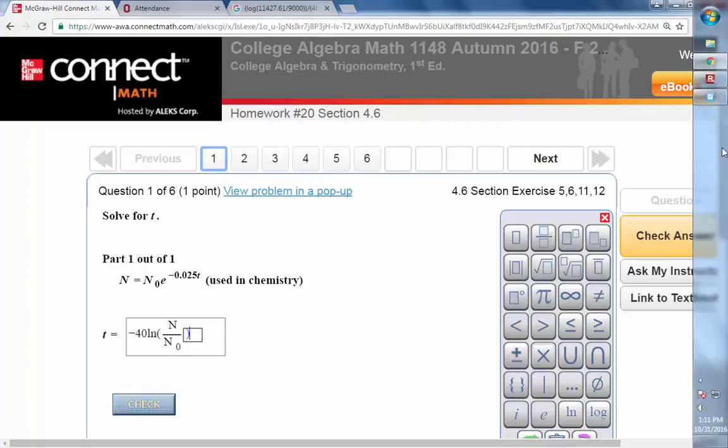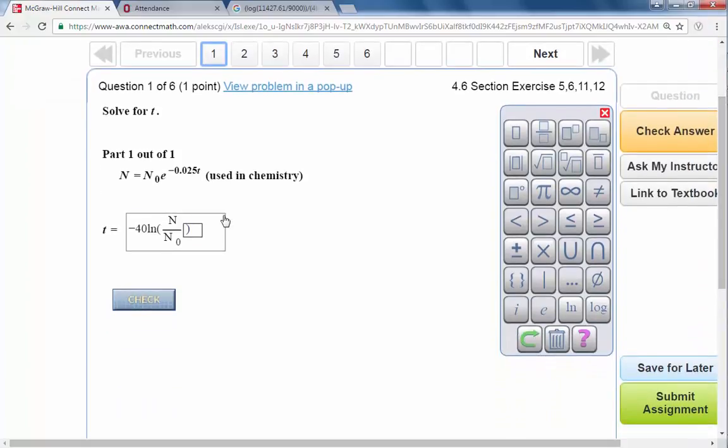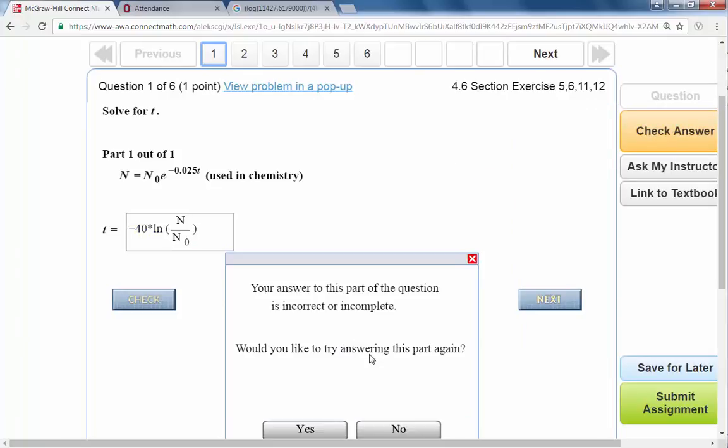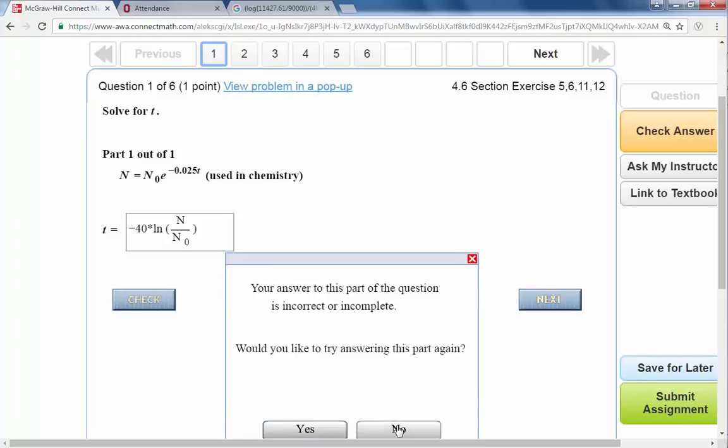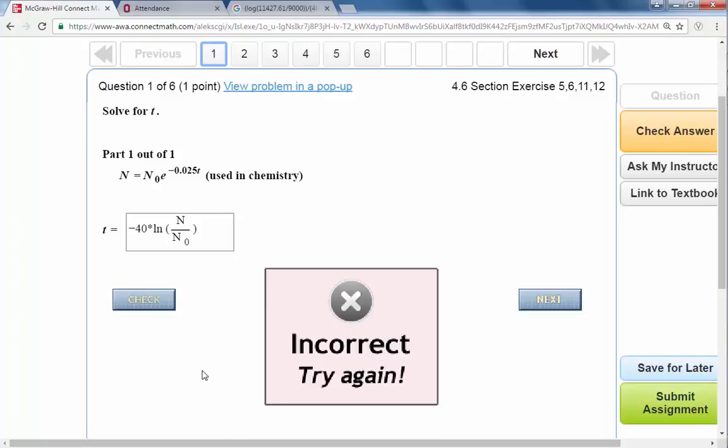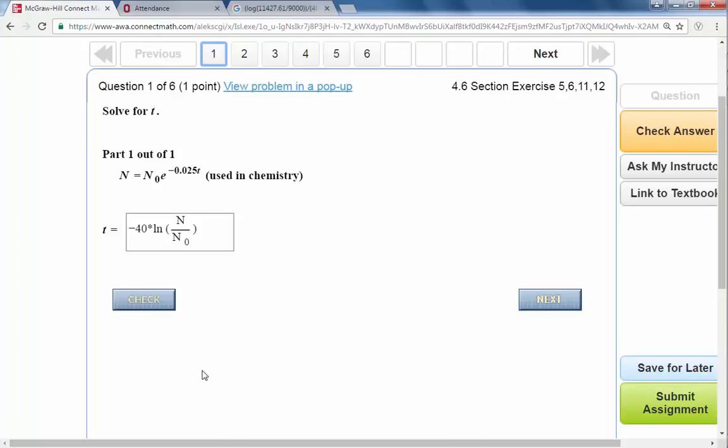Alright, where's my mistake? Usually a space is a mistake. I'm making mistakes anyway, guys. You have to have a multiplication between 40 and 11.